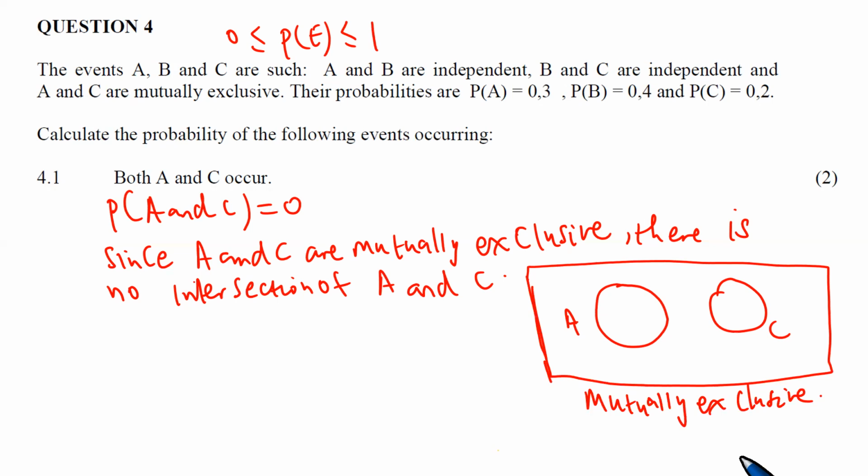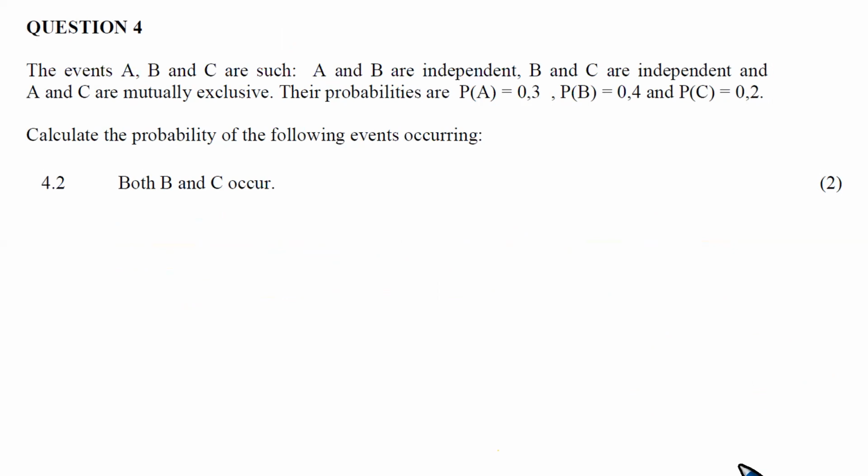Next question. Calculate the probability of the following events occurring: both B and C occur.